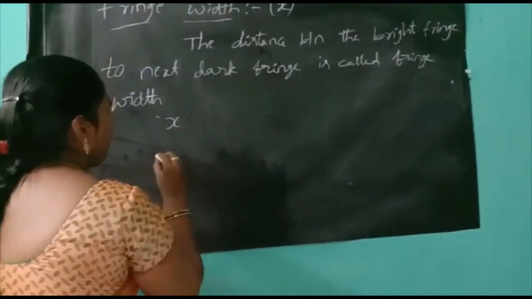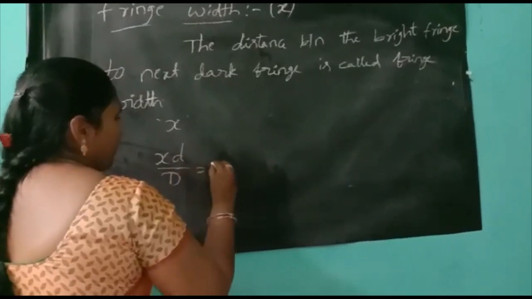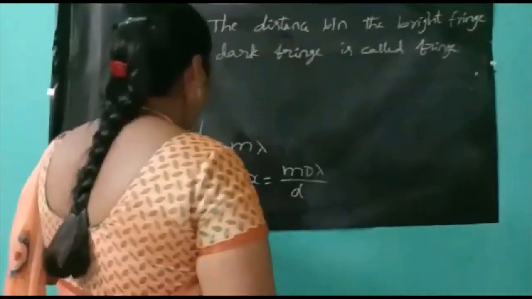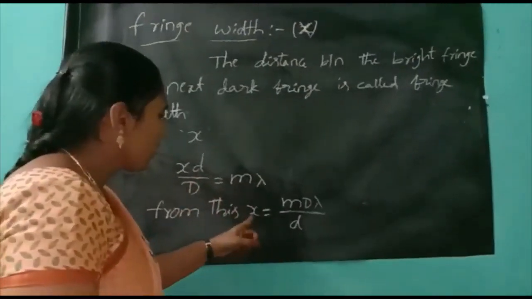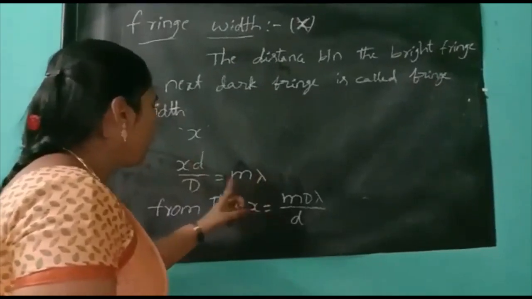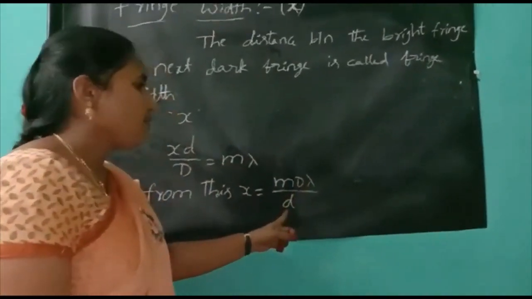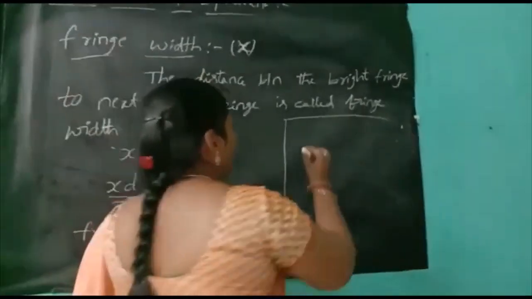We know that XD by capital D is equal to m lambda. From this x is equal to m lambda D by small d. This x applies to the mth fringe.